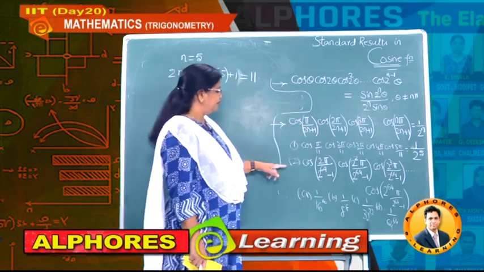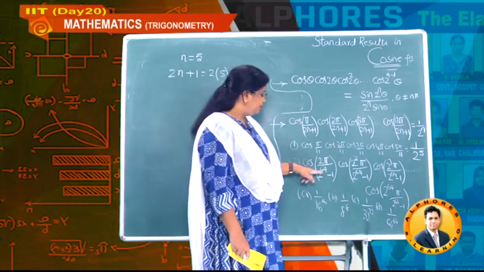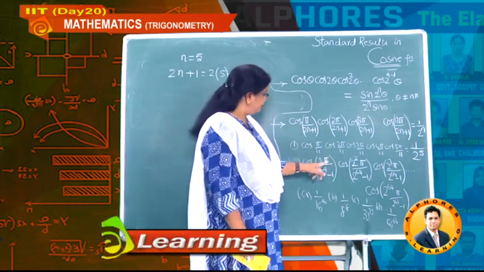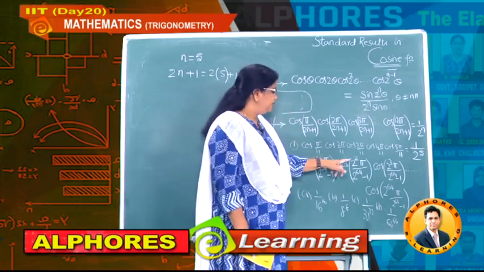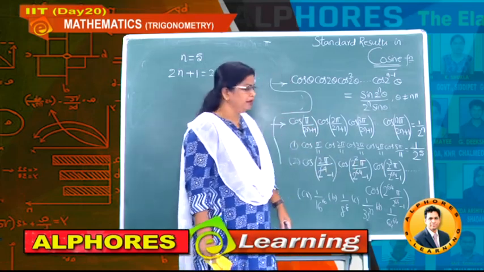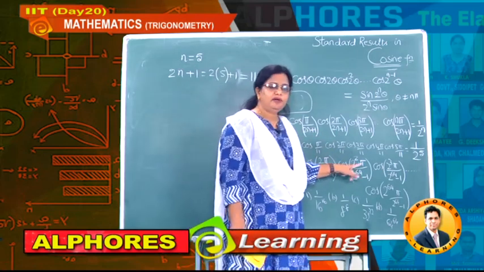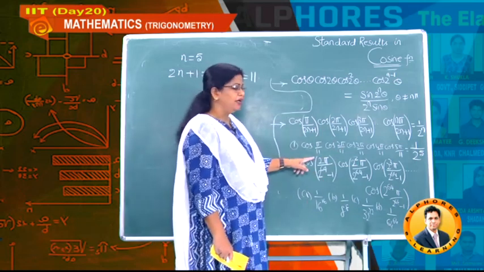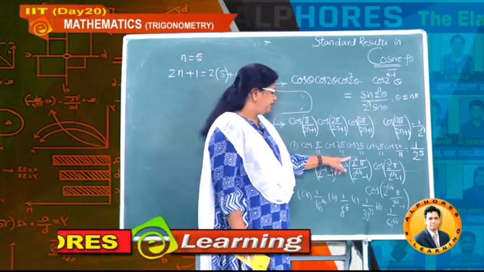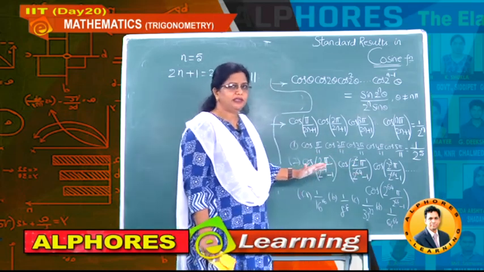And next problem students, observe here, this is cos 2 pi by some value given. Pi is there, and next value 2 square pi, that means 4 pi. So after 2 pi immediately you got 4 pi. Of course you may think this is 1 into 2 pi, then 2 into 2 pi, up to 2 terms, let us accept that result.